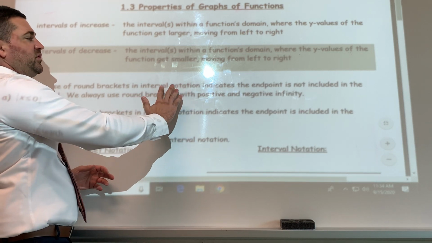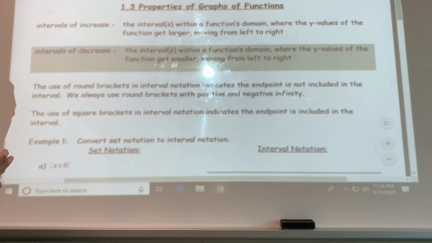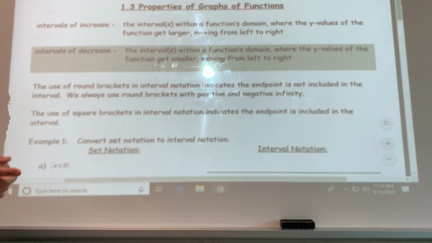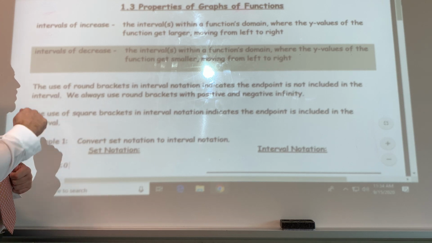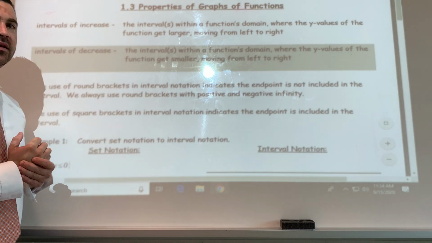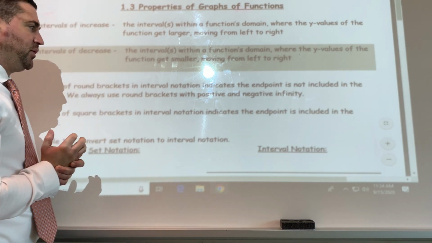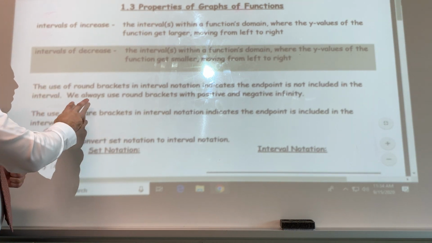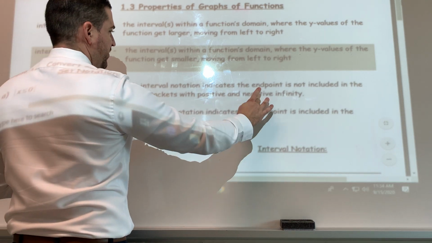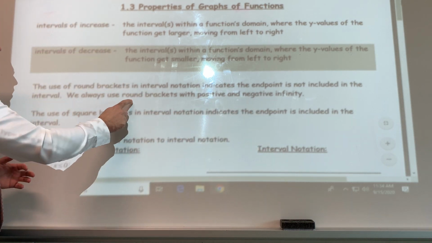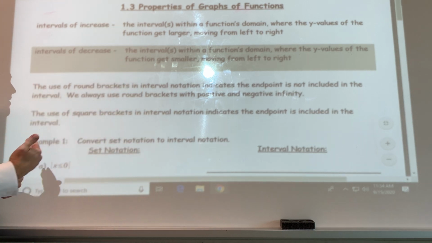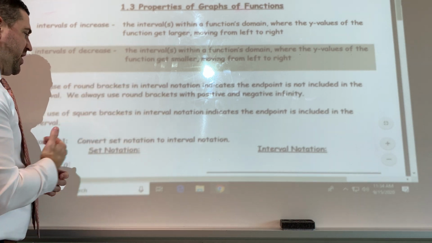When we do this, we use round brackets when it does not include the value, and square brackets when we include the value. I'll show you with the example. When we approach positive or negative infinity, we will always use round brackets because we don't know where the ending is.